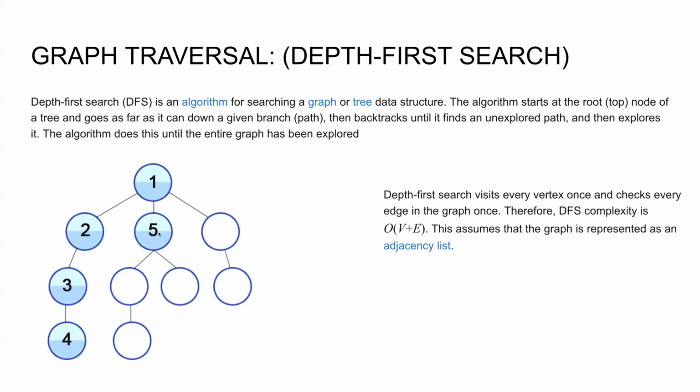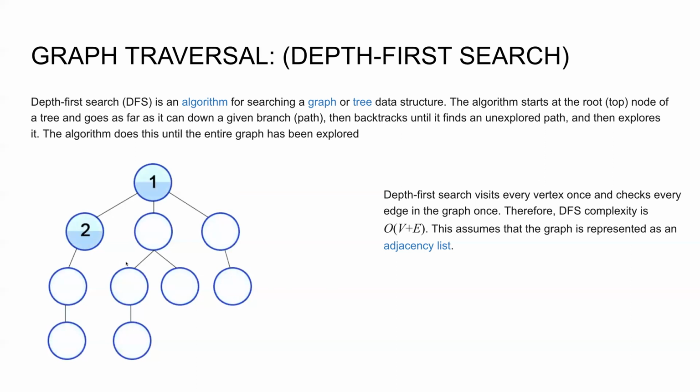Okay, another way is depth first search, where you go down one branch all the way to the bottom before you go to another branch. This is often used in maze exploration, right?